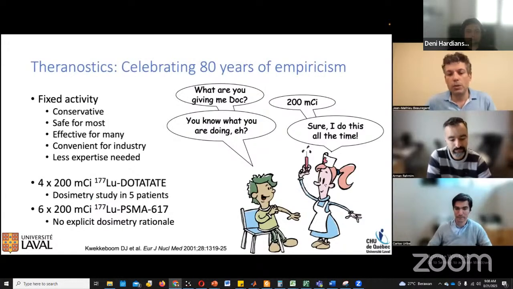There have been only a few exceptions in the history of nuclear medicine, but currently the most practiced radiopharmaceutical therapies, such as lutetium dotatate, lutetium PSMA, we give basically about 200 millicurie per cycle to all patients.